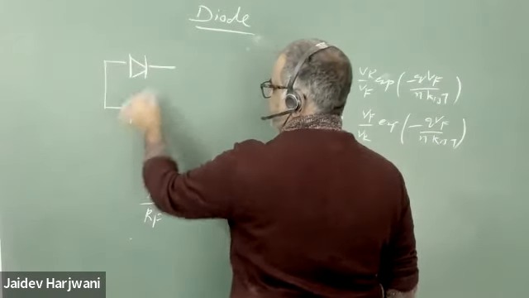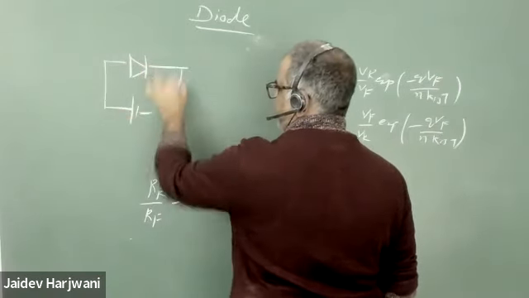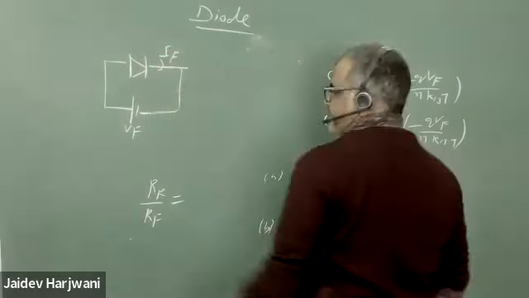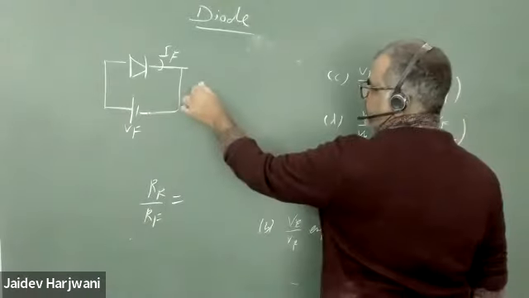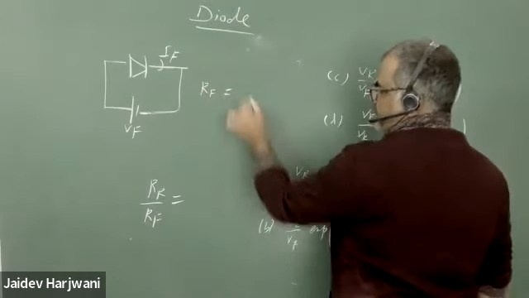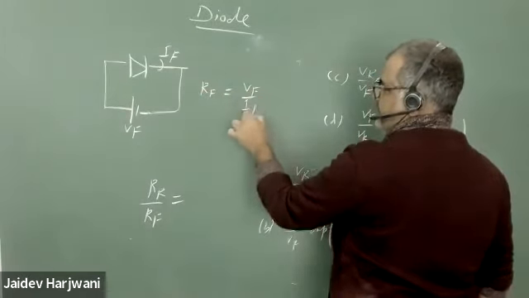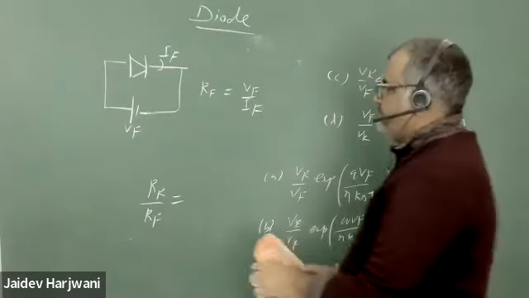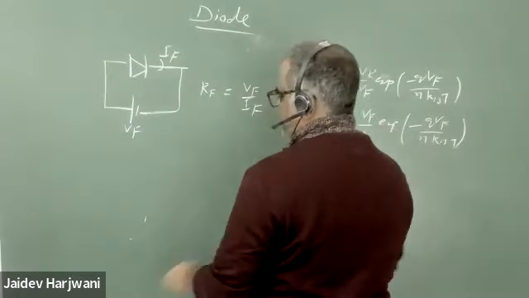You are applying some voltage, say VF this time, and you get some current IF. So obviously your ratio will be VF upon IF, isn't it?